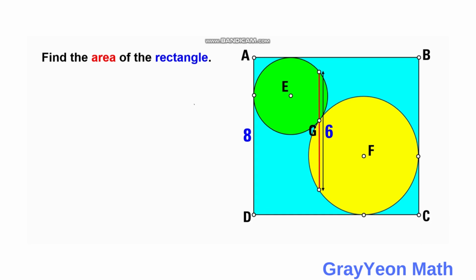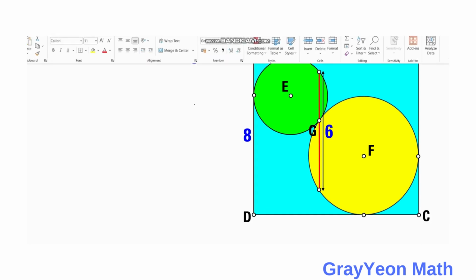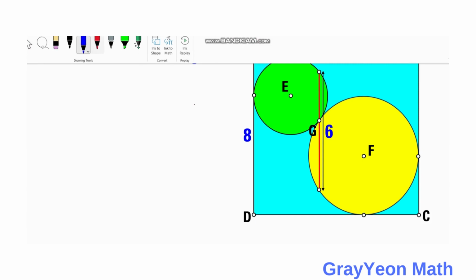Okay, so for this problem, with circles inside a rectangle, we can find a triangle, a right triangle to be exact.